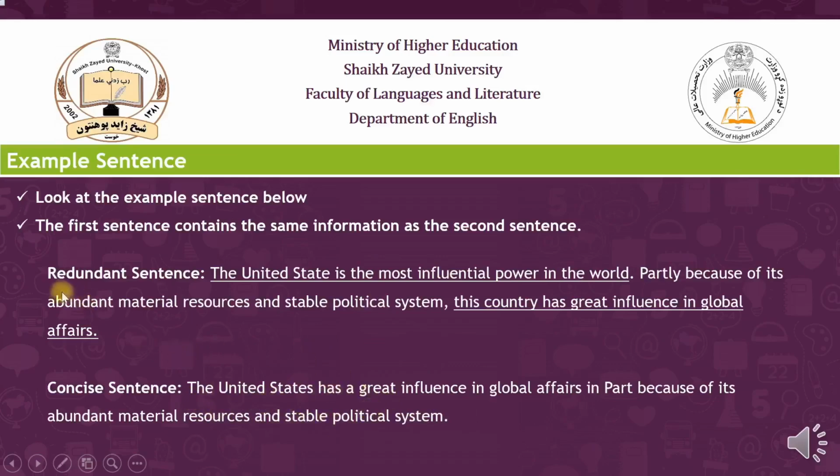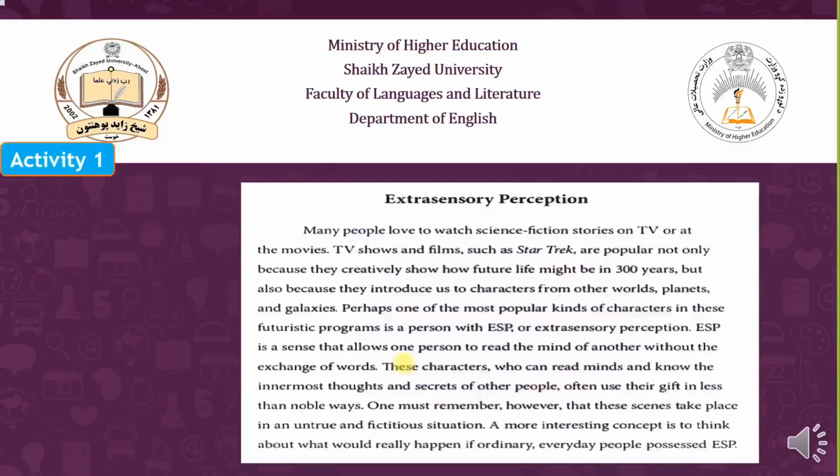But the first sentence is a little bit lengthy. Besides that, it is not too clear. So try to avoid unnecessary words in sentences, paragraphs, and also phrases and clauses.